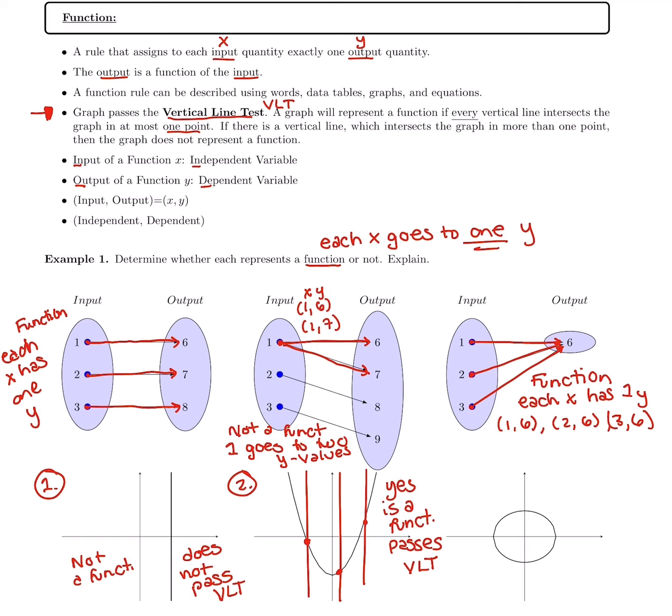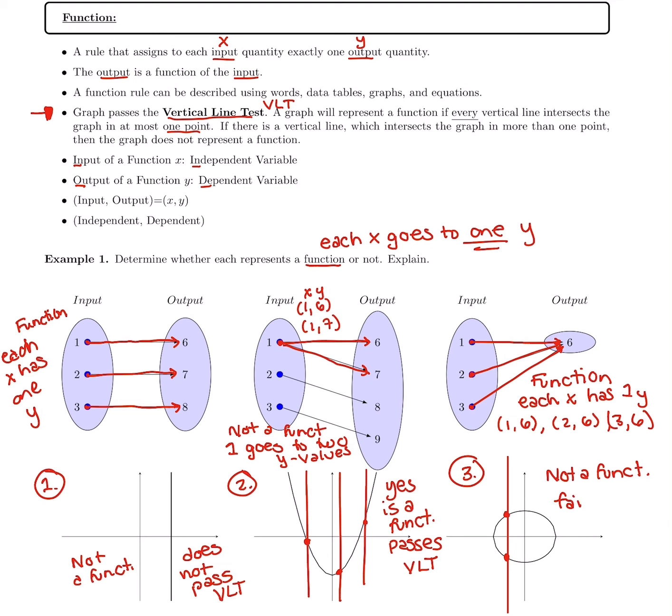The next graph we have here, graph number 3. I can try to draw some vertical lines in here, and they should only touch once or else it's not a function. Right away, if I draw one line in here, it's touching twice. That means the point at maybe -2 has a y value at 4 and at -4. I cannot have -2 going to both 4 and -4. This does not pass the vertical line test, so this is not a function.